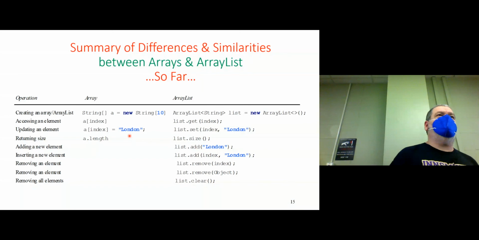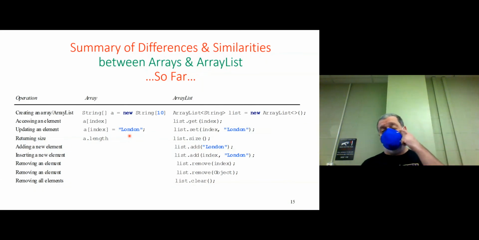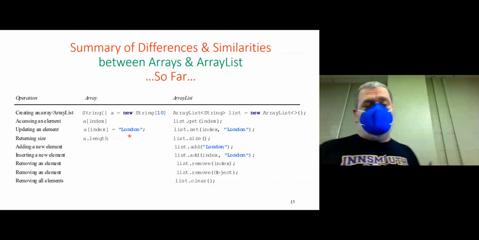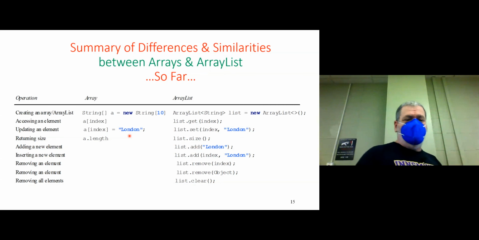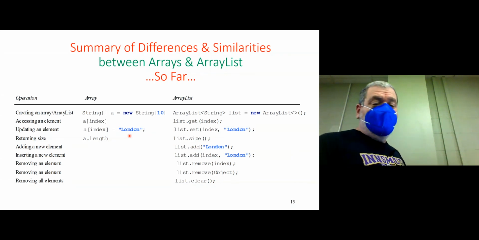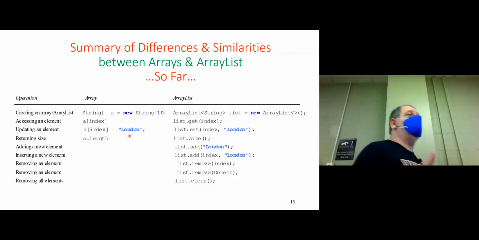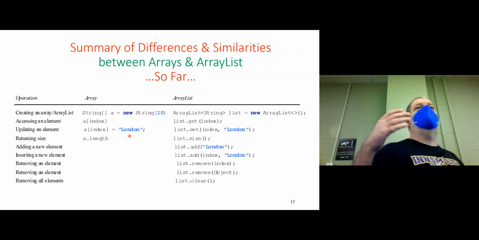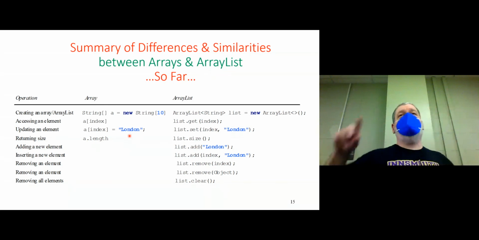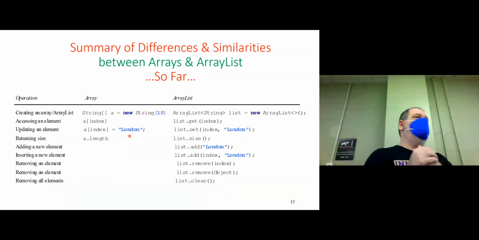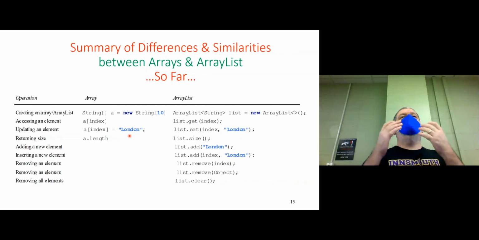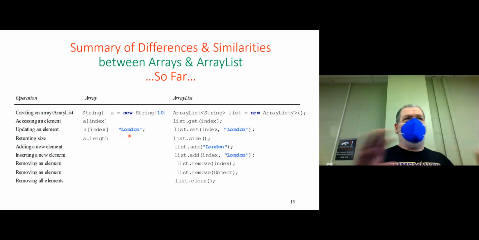The length and the size. So this is a source of mistakes. It's a very basic mistake, nothing to worry about, but it's annoying. How do you get the size of a string? str, for example, dot size parenthesis. You call the method size. How do you get the size of an array list? Same thing.